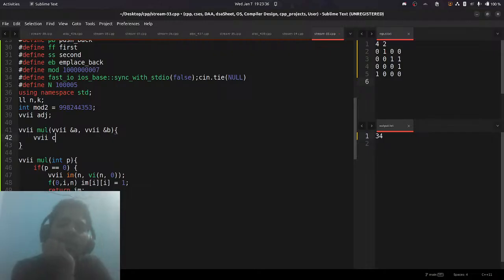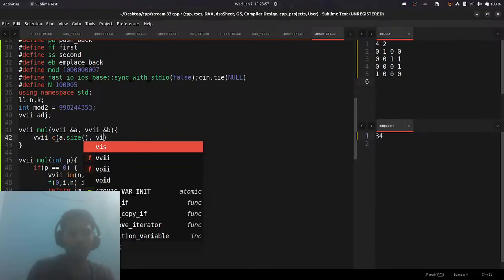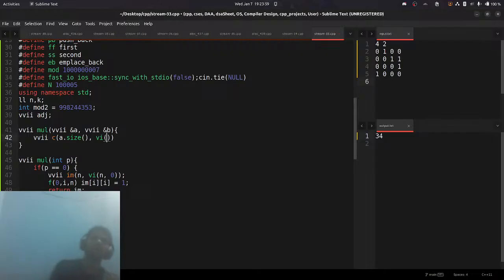If A is of size 1 cross n and B is of size n cross 1, then the size of C will be 1 cross 1 only. So the only thing that matters is the number of rows of A, and the second thing that matters is how many columns there are in B.